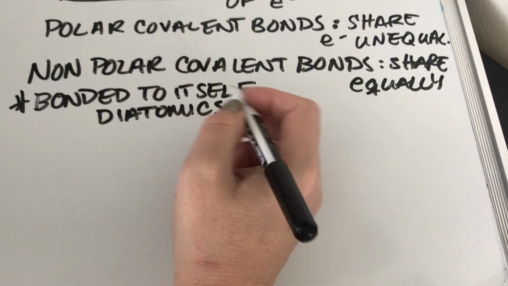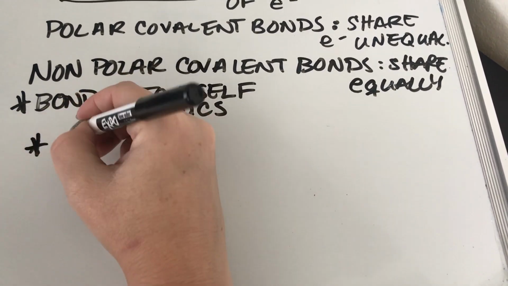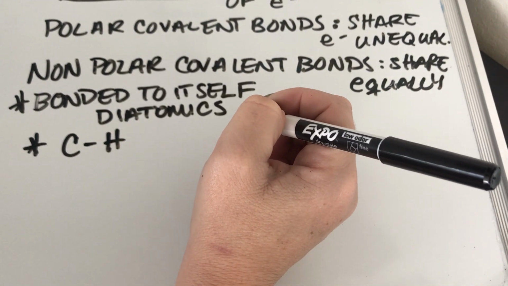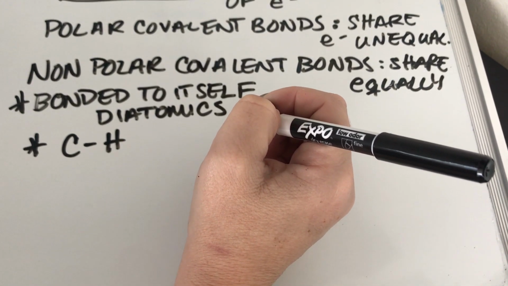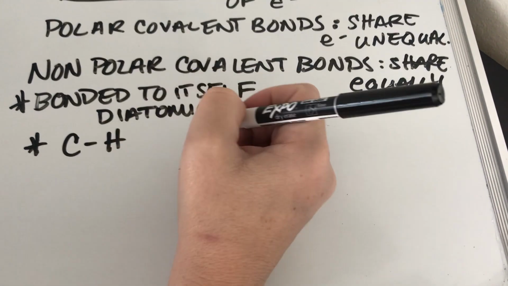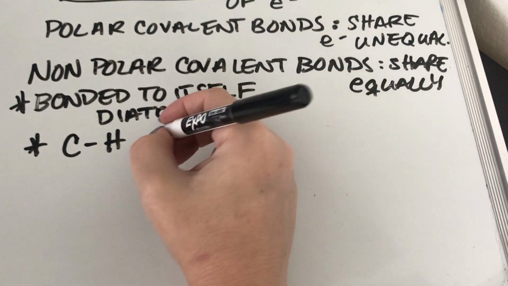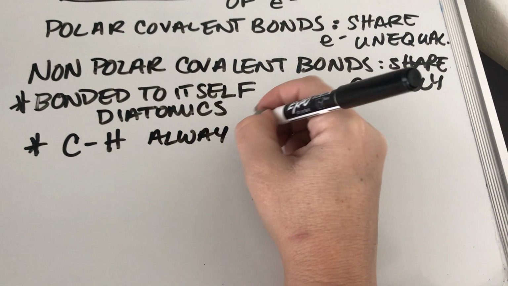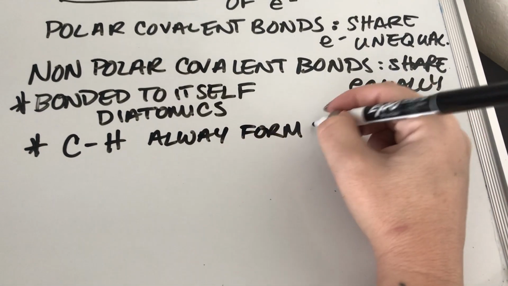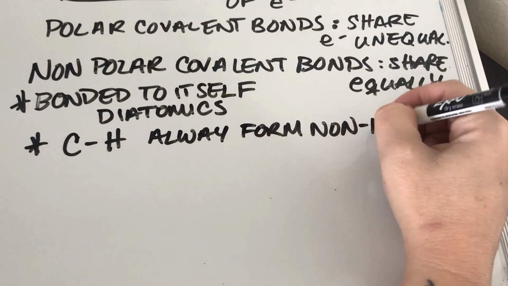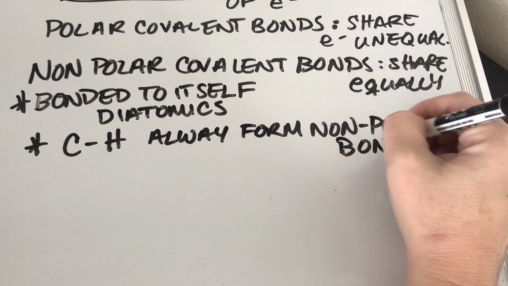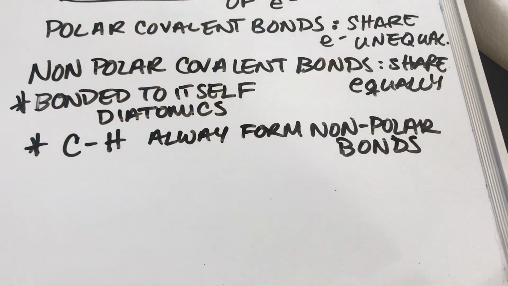Anything bonded to itself, and anything with carbon and hydrogen bonded together, right? Carbon and hydrogen are very close together in electronegativity, so they will always form non-polar bonds. Okay?